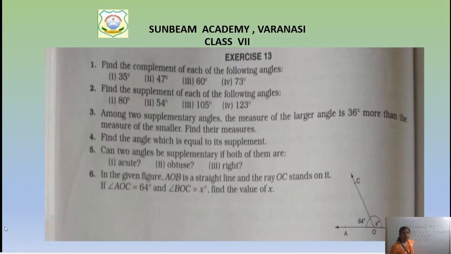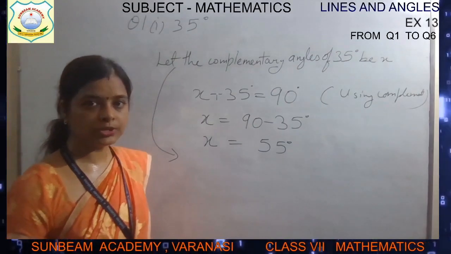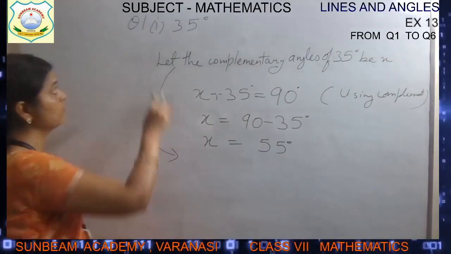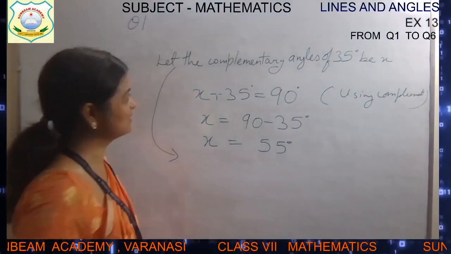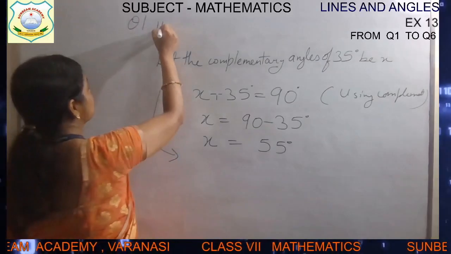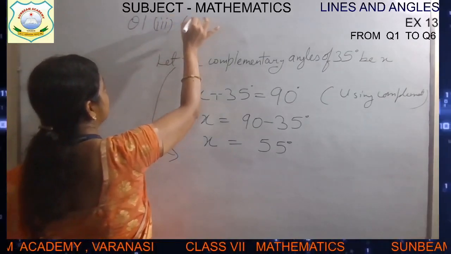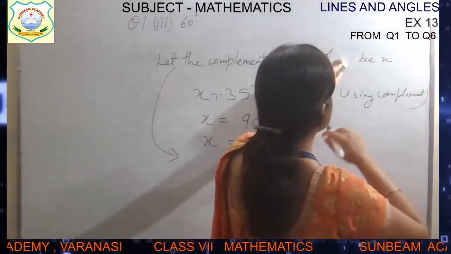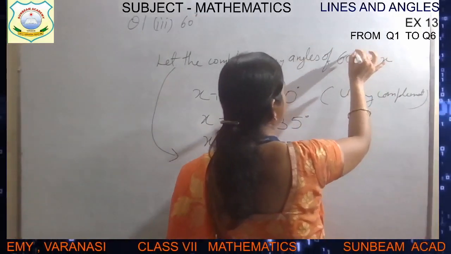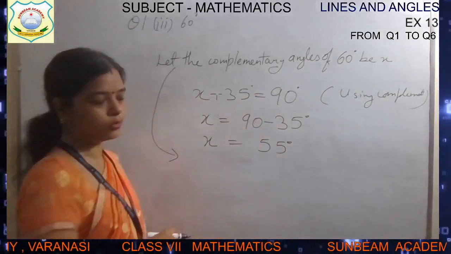And see the second one, children. First question, third part, 60 degree. I am using the same, and you will write it again. Let the complementary angle of 60 degree be x, same structure I will use, that's why I am not erasing my board work.